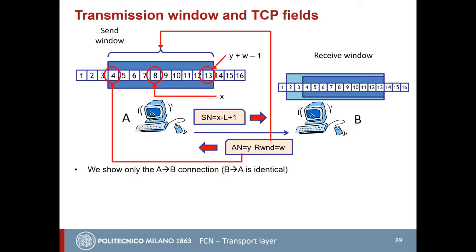They represent the bytes that are produced by A, the sender, and these bytes are stored in the transmit buffer, and they go from 1, 2, 3, 4, and so forth. And then in the receiver, you have the bytes that are stored in the receive buffer.